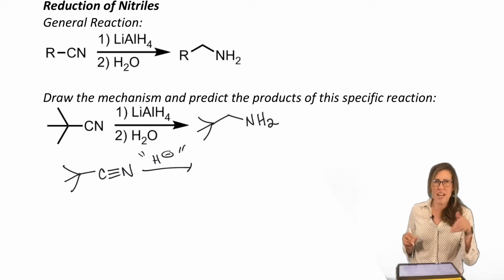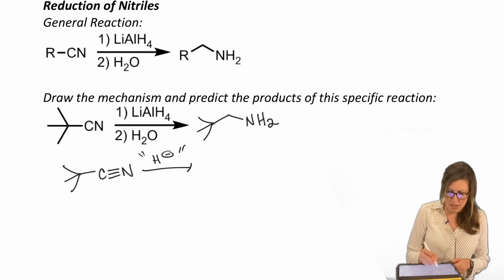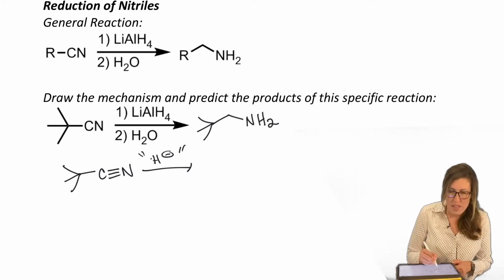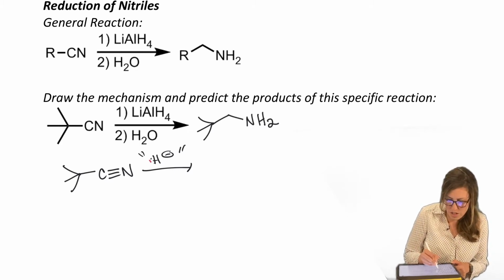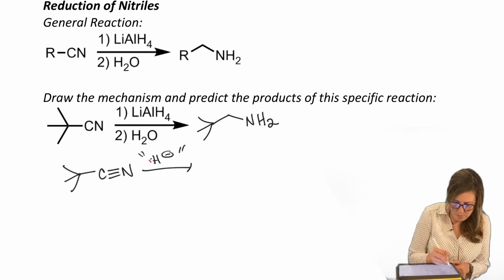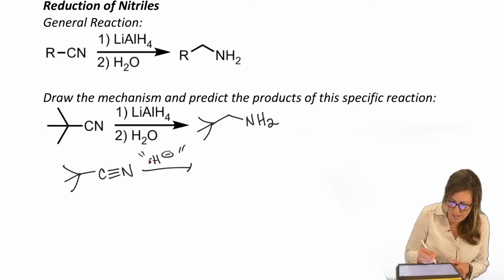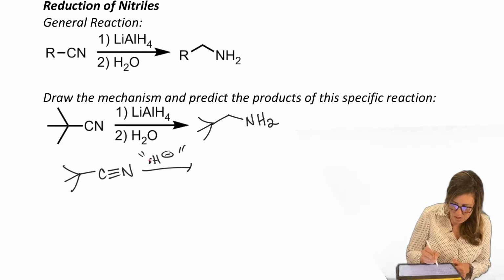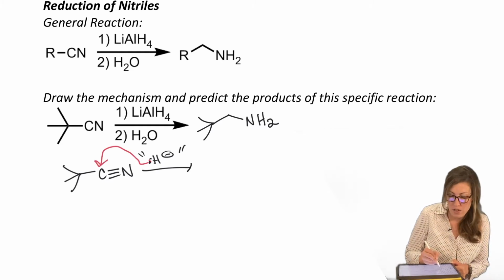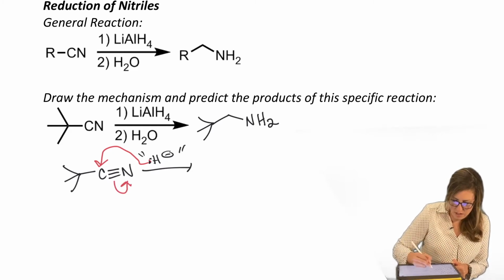Because remember, it stays attached to the aluminum really, but I want you to think about what that means if you take the H, the electrons with the H, stays attached to the aluminum, but not forever, right? So the consequence of it is it attacks as a nucleophile. Okay, so we can think of it that way.